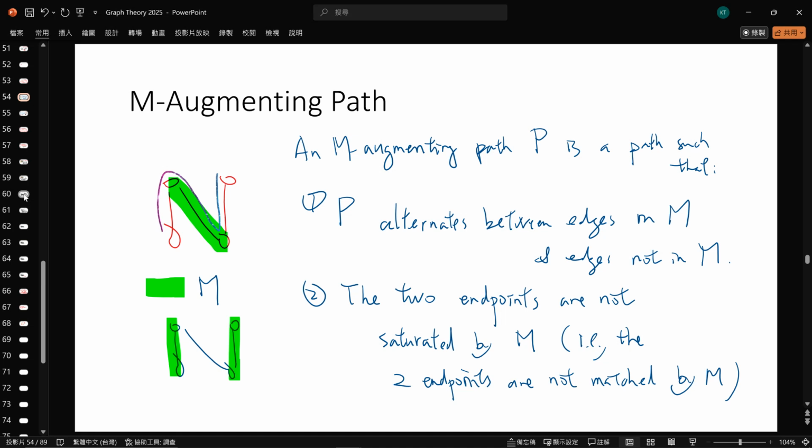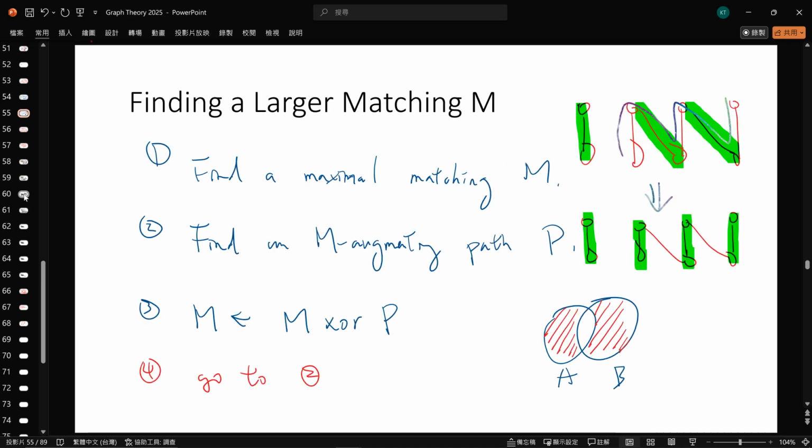So the basic idea of the algorithm that we discussed last week is that we start with just any matching, perhaps a maximal matching. Here, a maximal matching is just a matching where you cannot add any more edges, because when you add any more edges to it, you are going to have some edges that share endpoints.